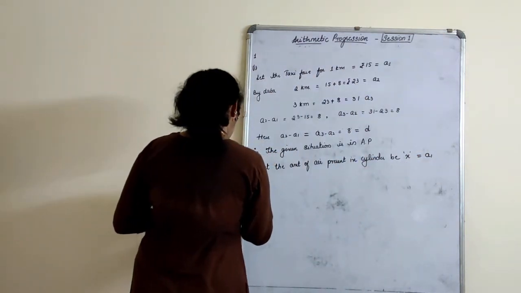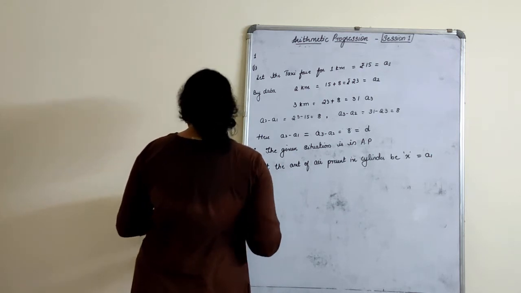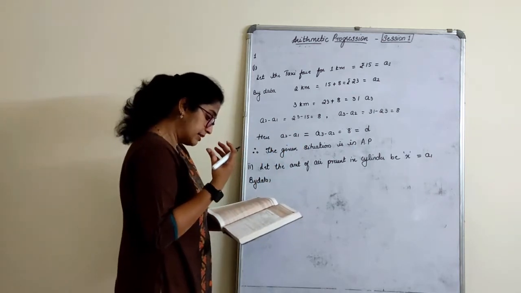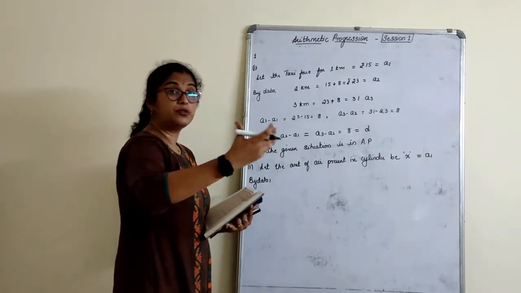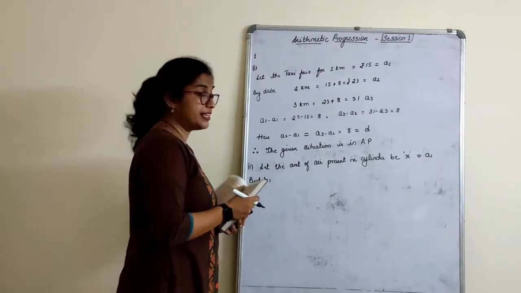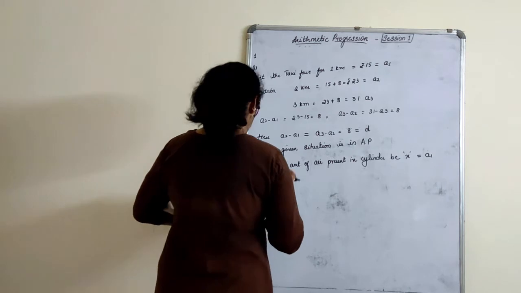So by the data, what are they saying? The amount of air present in the cylinder when a vacuum pump removes 1/4 of the air remaining in the cylinder always. So what do I have to do now?